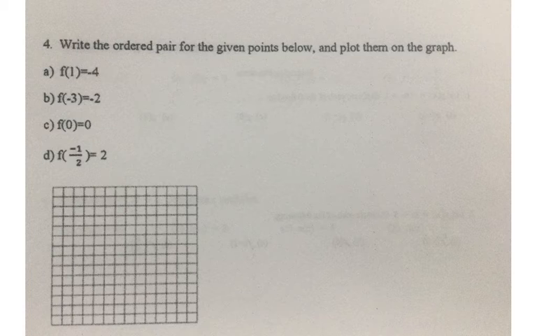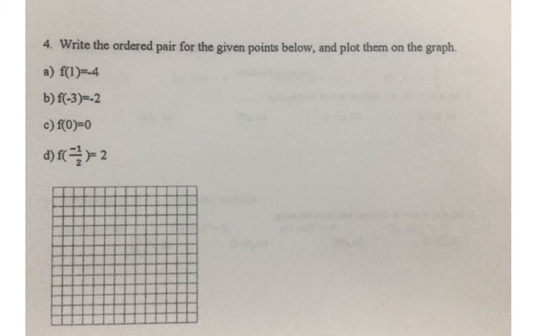So look at A. What does A tell me? If we had to say that in words, what's happening? No, just A. If I said f of 1 equals negative 4, what does that mean in words? And don't say "f of 1 equals negative 4."